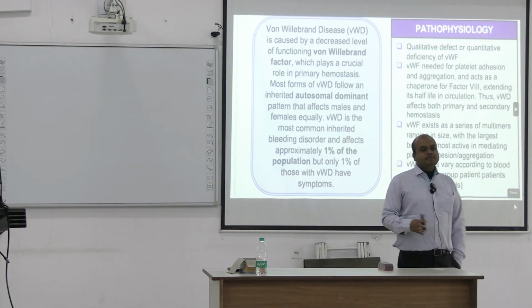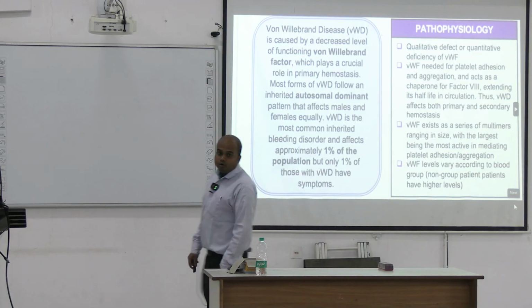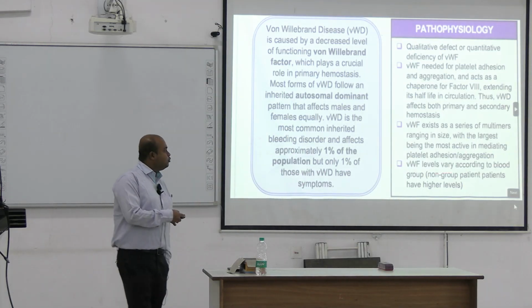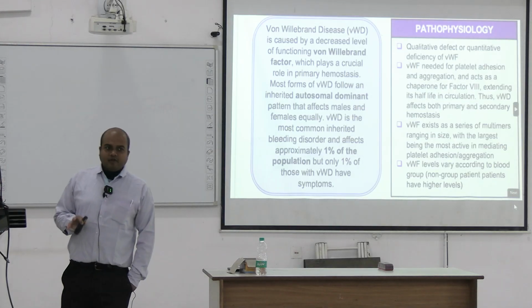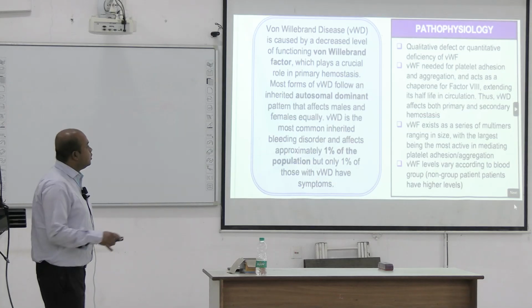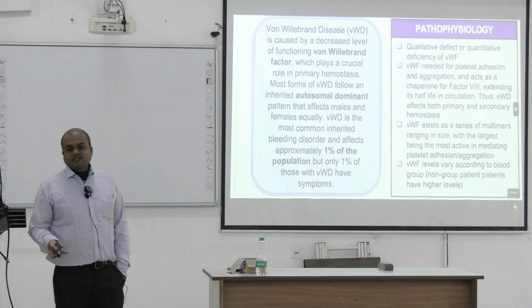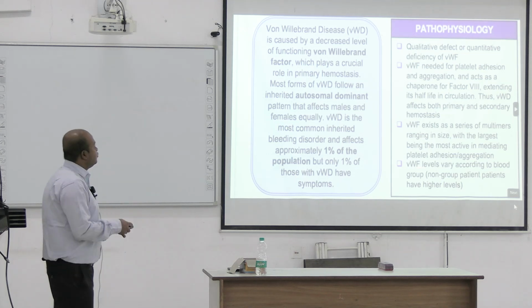It has also been seen that in non-group O patients, VWF levels are higher physiologically. VWF levels are lesser in blood group O subjects or patients, whatever you call them. Group O individuals have lesser VWF.